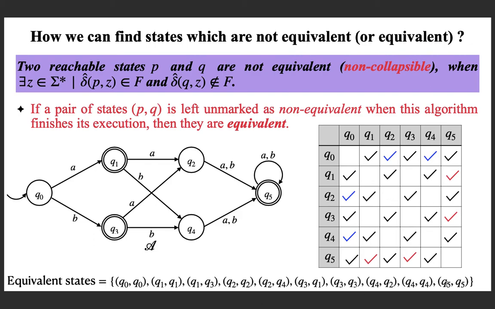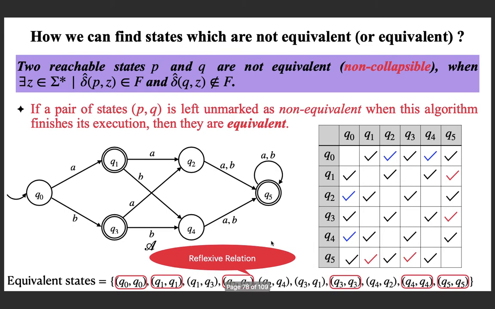And there is a nice thing: this set of pairs, which is a subset of the Cartesian product Q cross Q, is an equivalence relation. It's a very nice observation. So why is it an equivalence relation? Quickly verify that it is reflexive, because Q0, Q0, Q1, Q1, Q2, Q2, Q3, Q3, Q4, Q4, and Q5, Q5 are there.